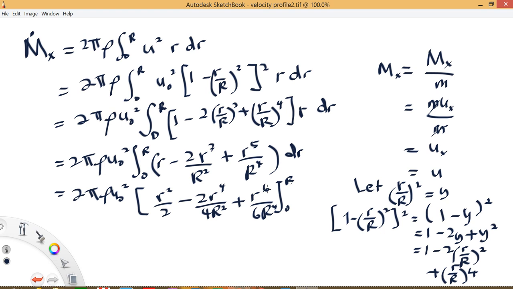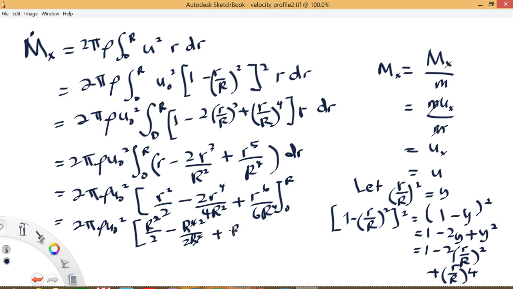Then you replace with capital R, 2 pi rho u naught square, R power of 2 divided by 2. So this one becomes R power of 4 divided by 2R power of 2. This one cancels, becomes 2. This looks the same, right? So it can be cancelled.